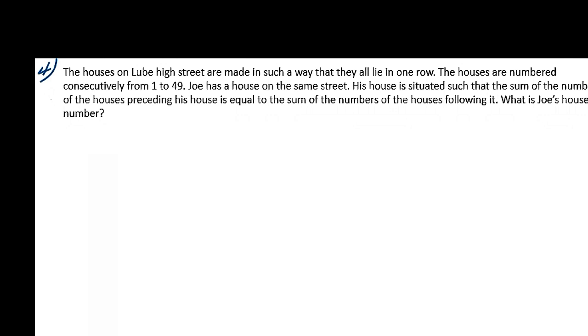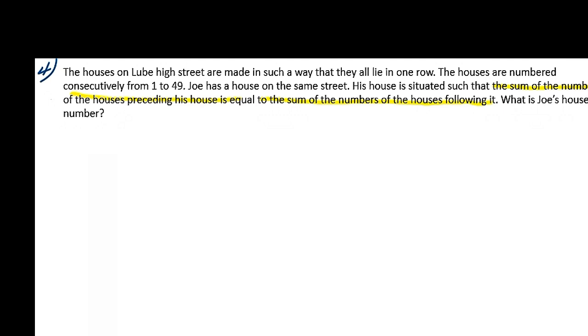The last question for this section. The houses on Lupe Street are made in such a way that they all lie in one row. The houses are numbered consecutively from 1 to 49. Joe has a house on the same street. His house is situated such that the sum of the numbers of the houses preceding his house is equal to the sum of the houses following it.